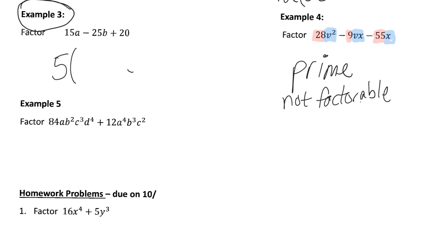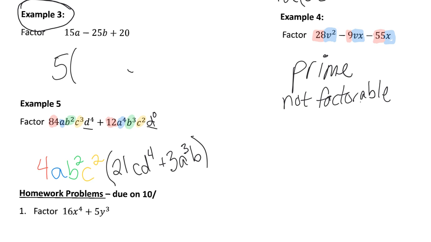So I want you to try example 5. This one's going to be a doozy, okay? I would start by finding a number and then looking at all of your variables. Hopefully between the numbers 84 and 12, you knew that the GCF was 4. And then again, for the GCF we take the smallest variables.